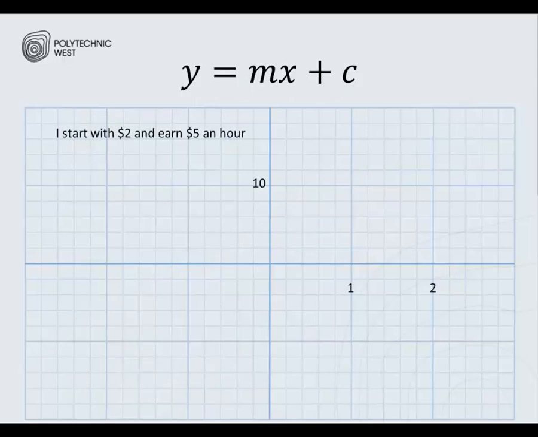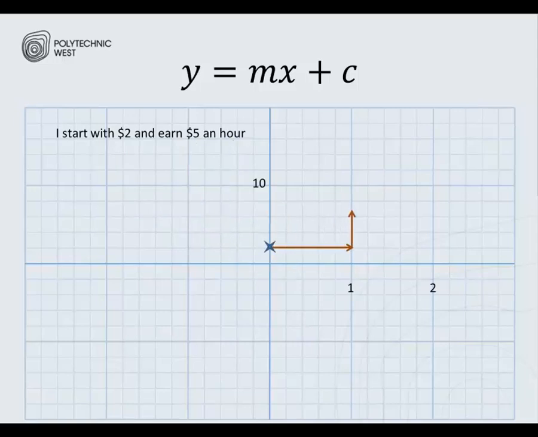Where we use linear equations, it's when things grow at a steady rate, at a constant rate. For instance, I start with $2 in my pocket, and being a TAFE lecturer, I earn $5 an hour. So I'll plot those things. I start with $2 at 0 time, and I earn $5 in 1 hour.